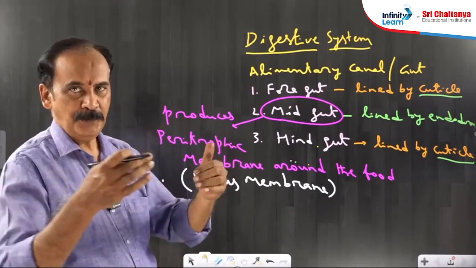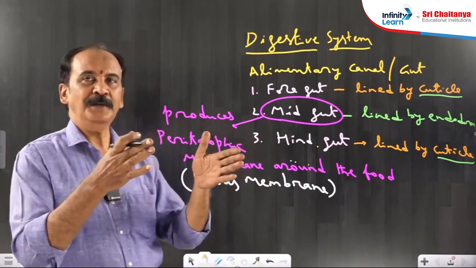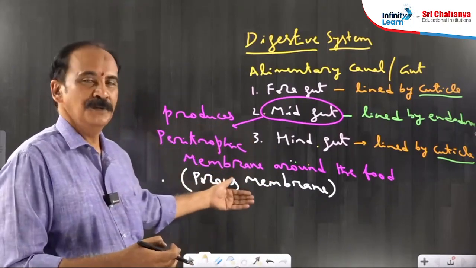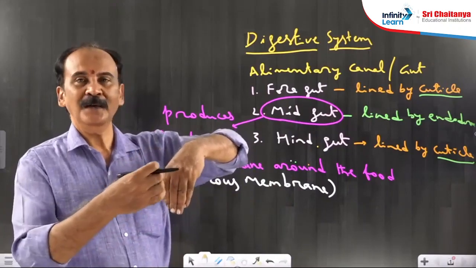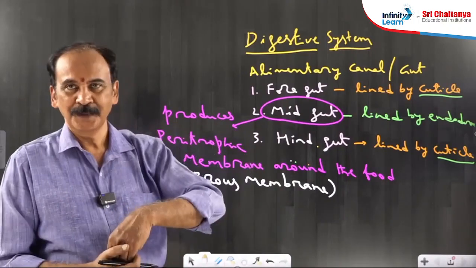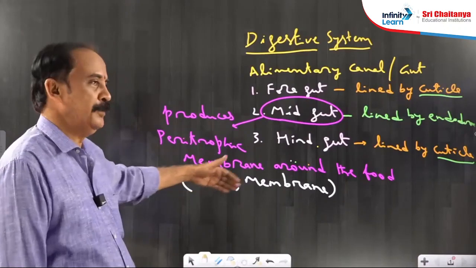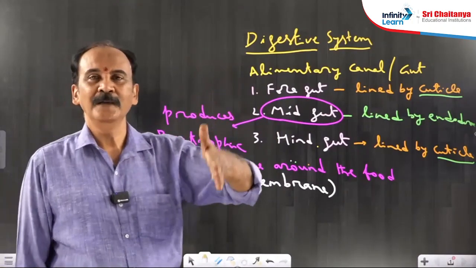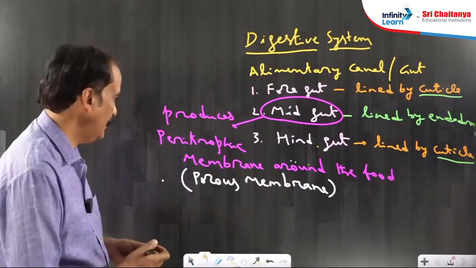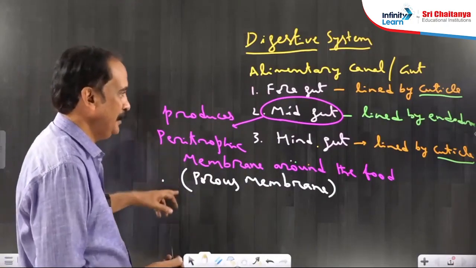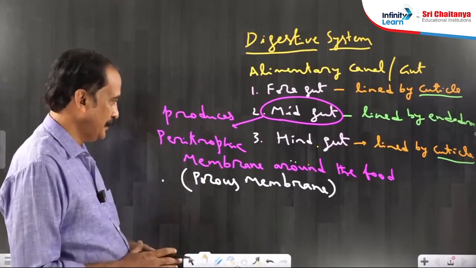Through the pores, digestive enzymes of the midgut will go and act on the food. At the same time, after digestion, the digested food can come out and get absorbed. And the membrane protects the lining of the midgut from any damage caused by the food material. That's about the things you should remember about the three regions.